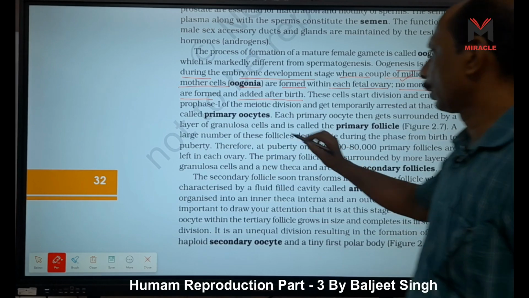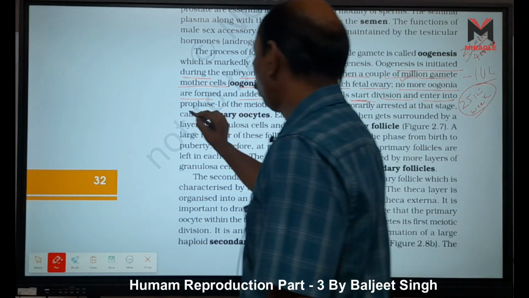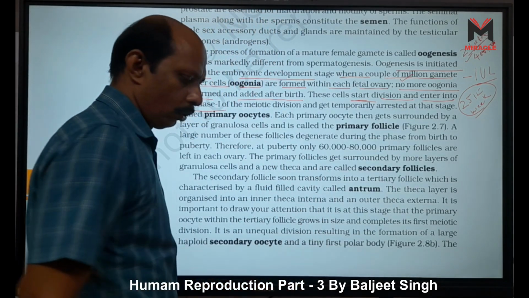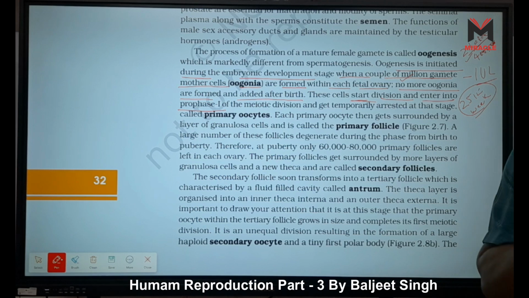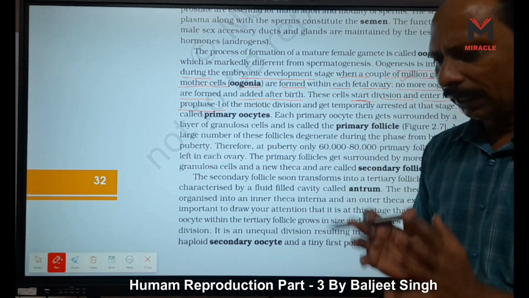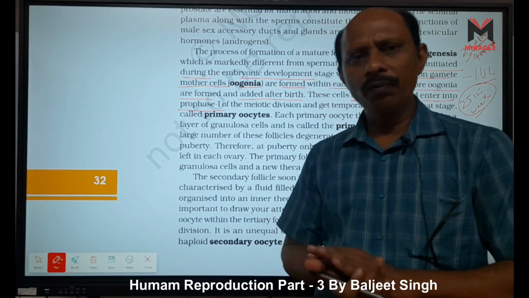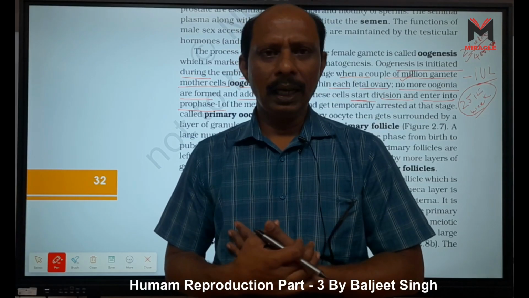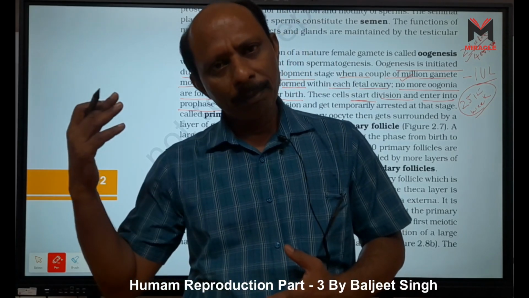Right? These cells start division and enter into prophase first. With this oogonia, first what happens? All the cells, either spermatogonia or oogonia, first develop from extra-gonadal cells, and this extra-gonadal cell is called primordial germ cell, right? From primordial cells, in males, what happens?